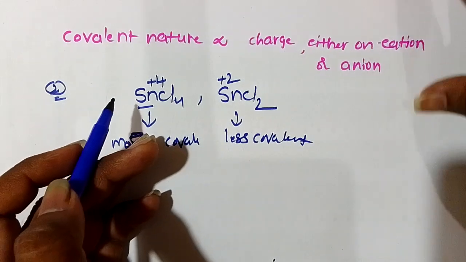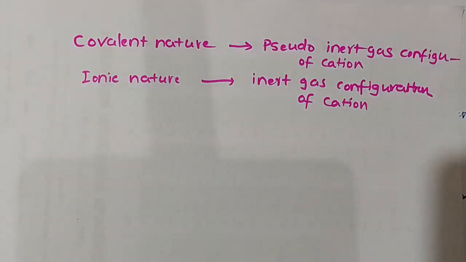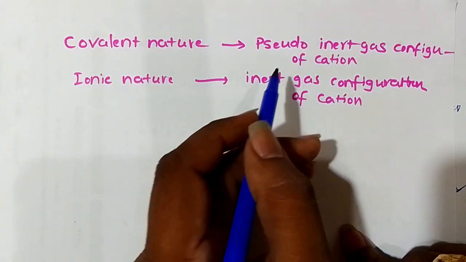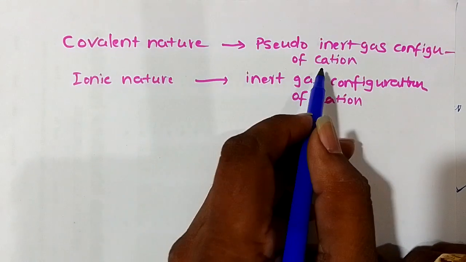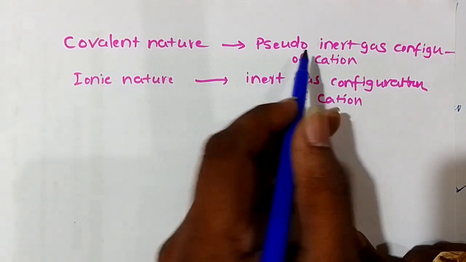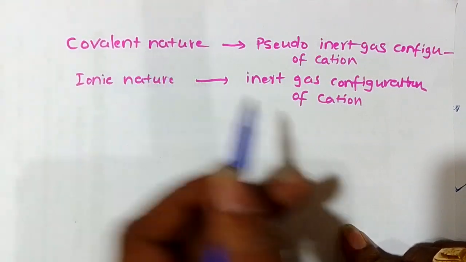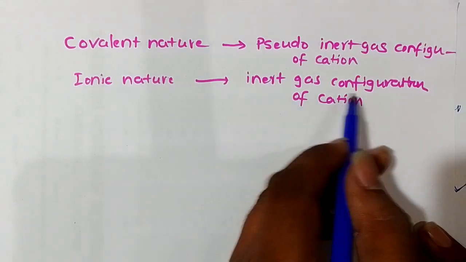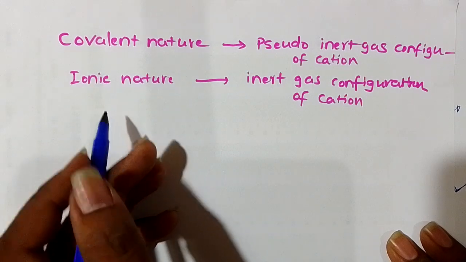Next example, pseudo inert gas configuration. In a compound, if the cation has pseudo inert gas configuration, that compound has more covalent nature. If the cation has inert gas configuration, that compound is more ionic in nature.